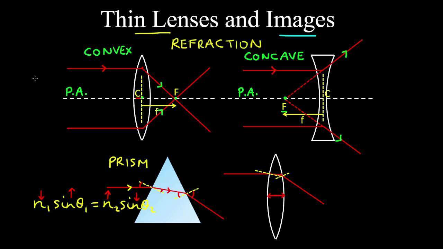Now a real image is formed by a lens when light rays originate from a common point. So for example, if we had an object and we take a light ray from this point along the principal axis, so that gets refracted through the focus, and a light ray through the optical center does not get refracted.